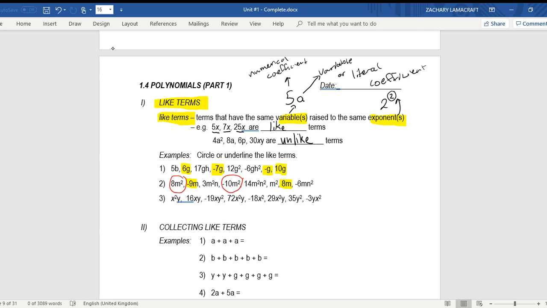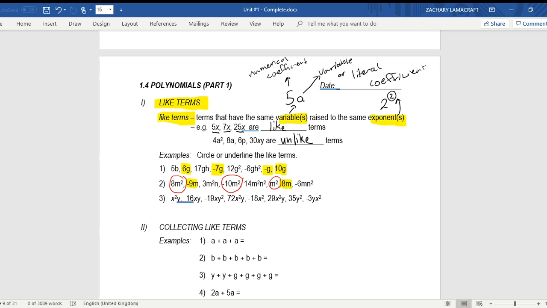However, the squared here and the squared here are on different terms, so they are not like terms, okay? So those would be our only like terms. Sorry, I missed this one here, m squared as well. So we've got 9m and 8m, then we have 8m squared, negative 10m squared, and m squared, okay?